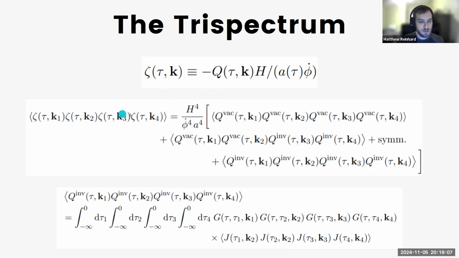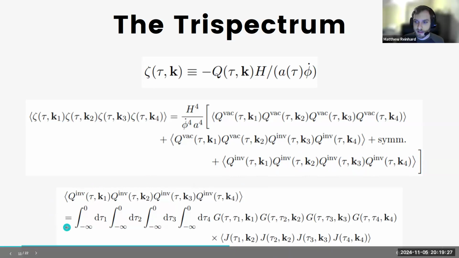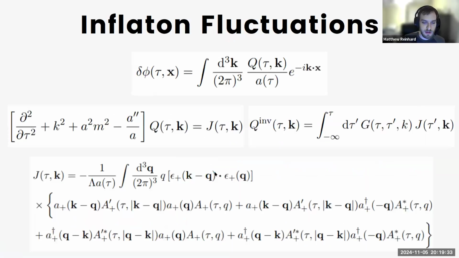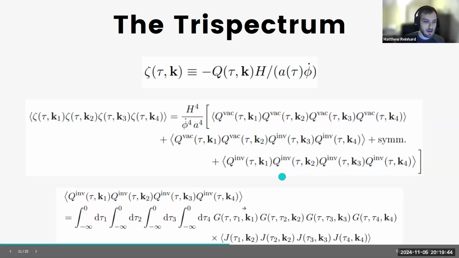And so to compute the trispectrum of these curvature perturbations, we get several terms, but only this last term has any parity odd contribution. So our work is focused on computing this last term, which, if we recall from the previous slide, the inverse decay mode functions here correspond to the particular solution, which we integrate the Green's function against the source function. So that's how we get this last term down here.